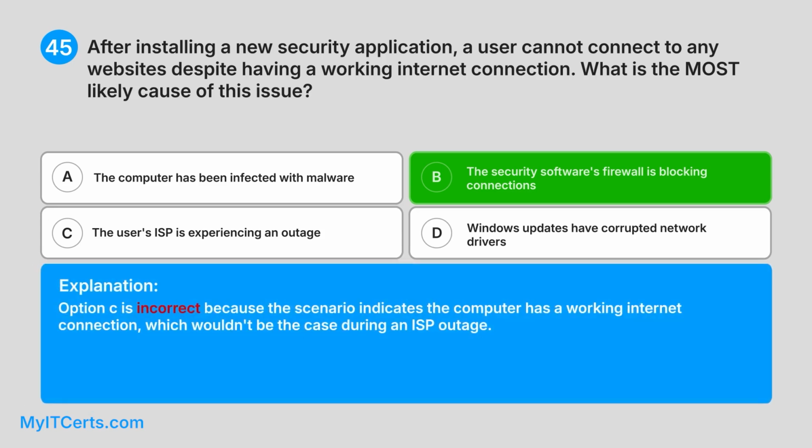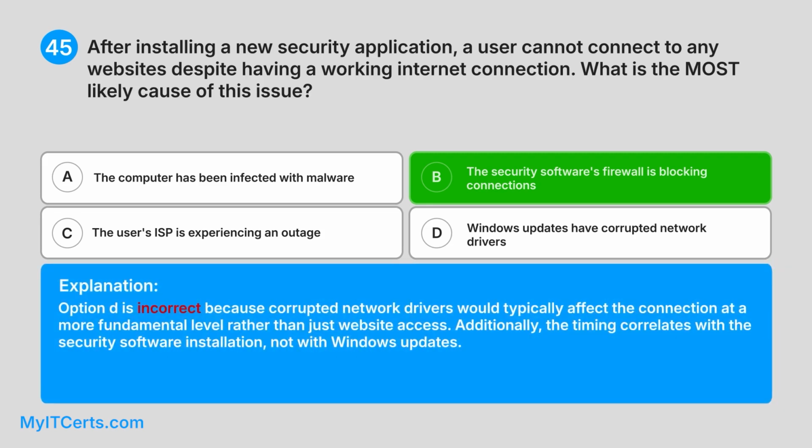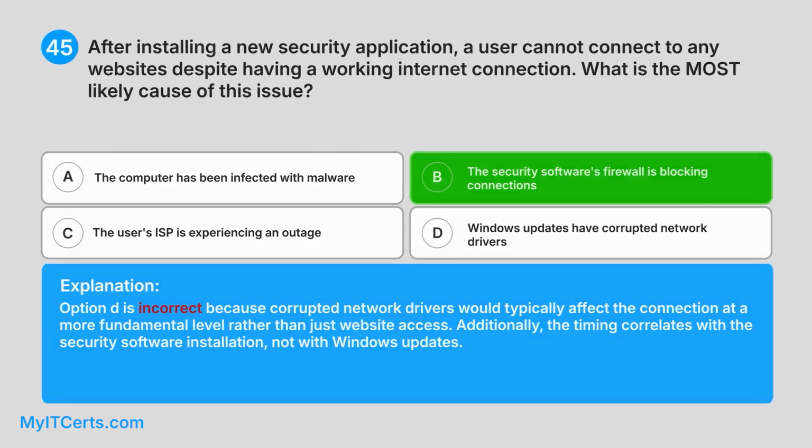Option C, the user's ISP is experiencing an outage, is incorrect because the scenario indicates the computer has a working internet connection, which wouldn't be the case during an ISP outage. Option D, Windows updates have corrupted network drivers, is incorrect because corrupted network drivers would typically affect the connection at a more fundamental level rather than just website access. Additionally, the timing correlates with the security software installation, not with Windows updates.